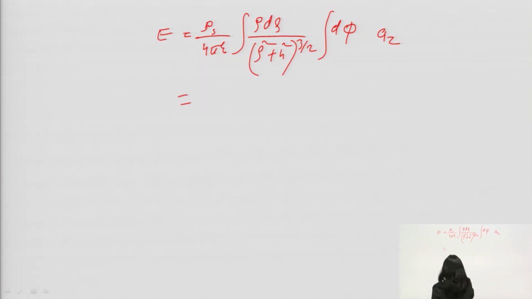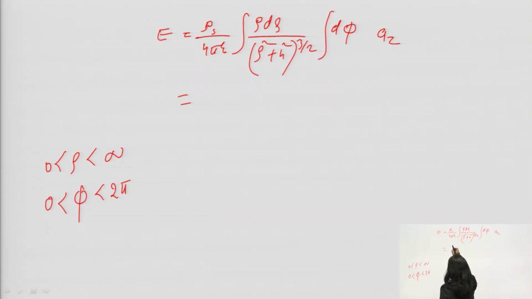Before that we will see what is the range of rho and phi. We know that rho is varying from 0 to infinity, whereas phi is varying from 0 to 2 pi.